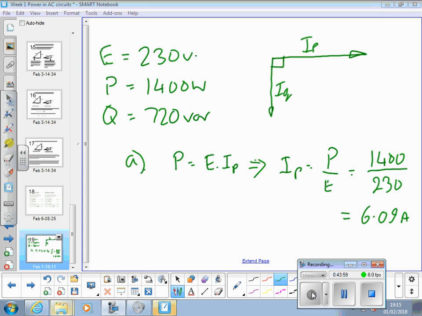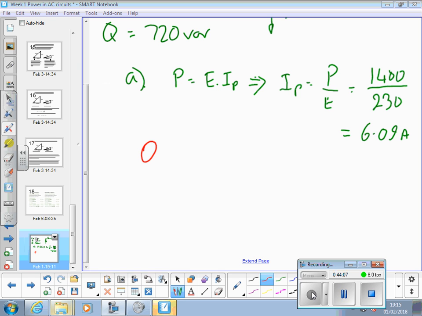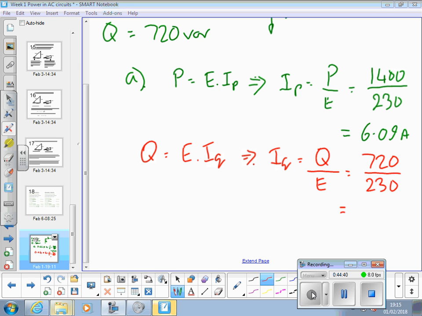And then Q is equal to E times the reactive current. Therefore, the reactive current IQ is equal to Q over E, which is the 720 over 230 and whatever that equals.